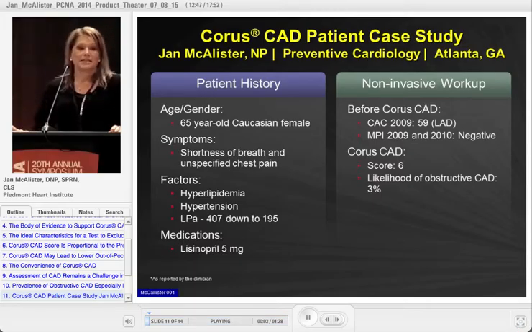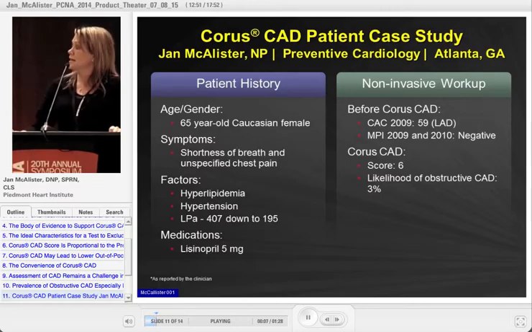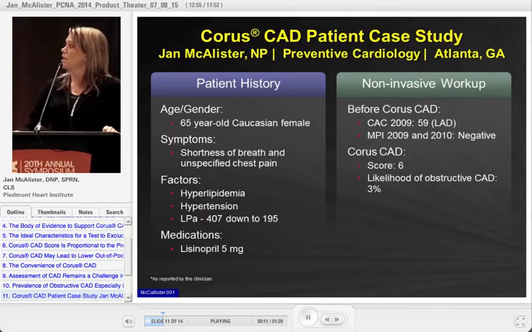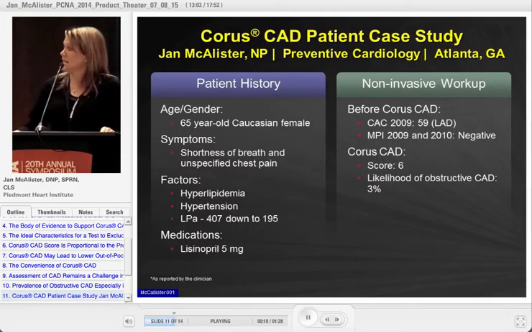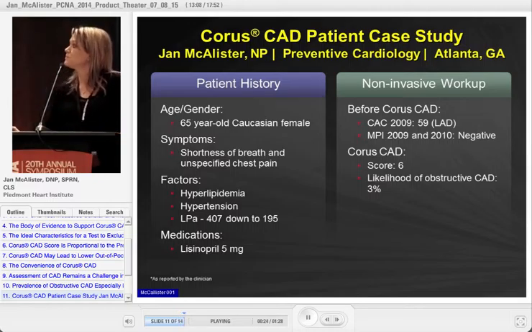All right, so let's go through some of the patients that I've seen in clinical practice. This is a 65-year-old Caucasian female. She came in complaining of shortness of breath and a very vague, unspecified chest pain. Pretty typical sometimes for a lot of my female patients who are postmenopausal.